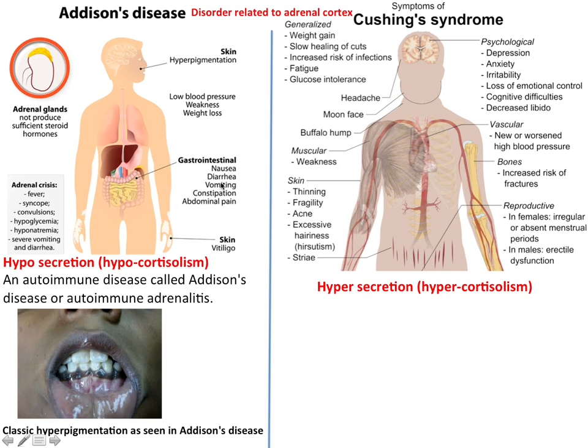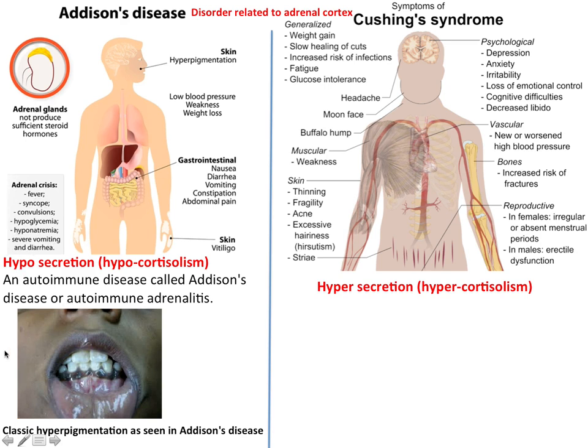It can cause nausea, diarrhea, vomiting, constipation, and abdominal pain. And sometimes in the skin you can see rashes, like white rashes. There is vitiligo, and it can also cause fever, convulsion, severe vomiting, and diarrhea.